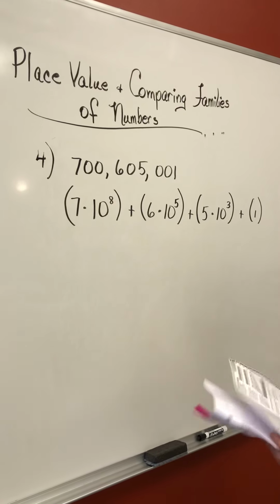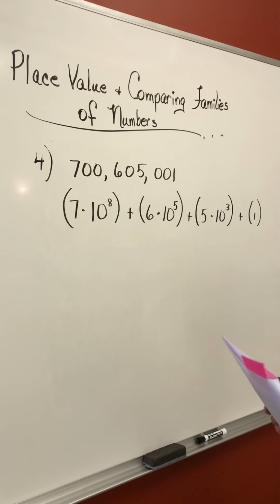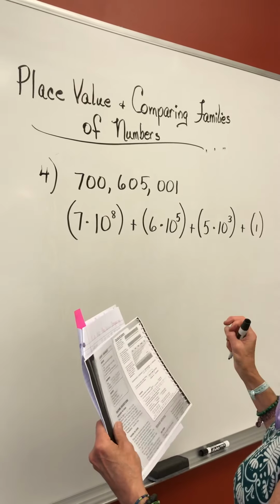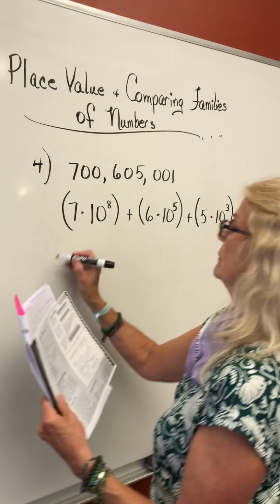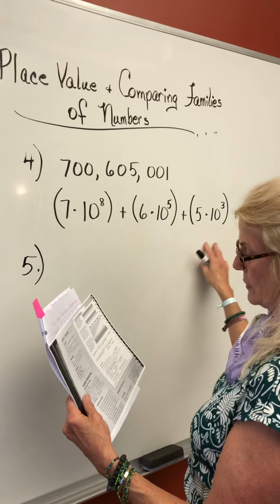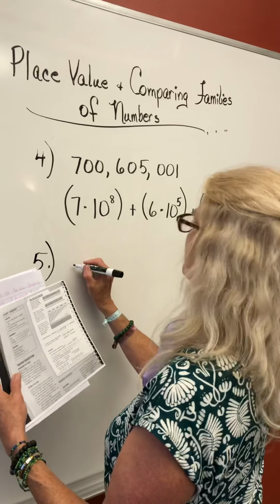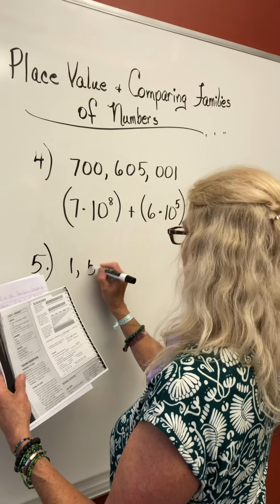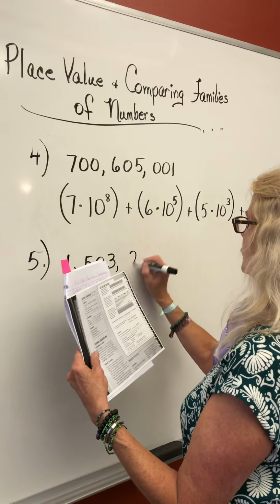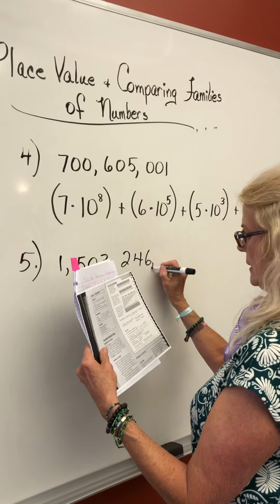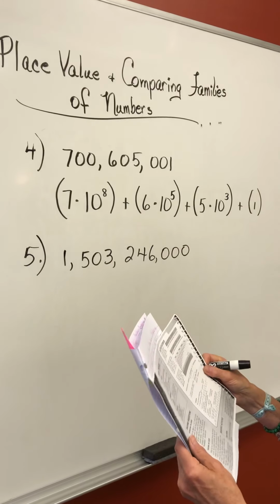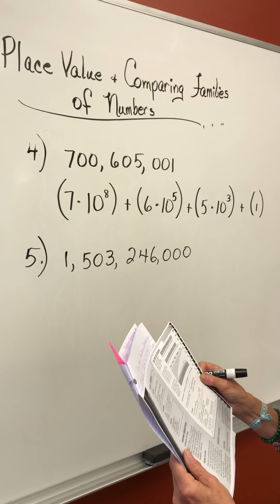All right, so for number 5, we also need to write that in expanded form like this, all right? So we have 1,503,246,000.